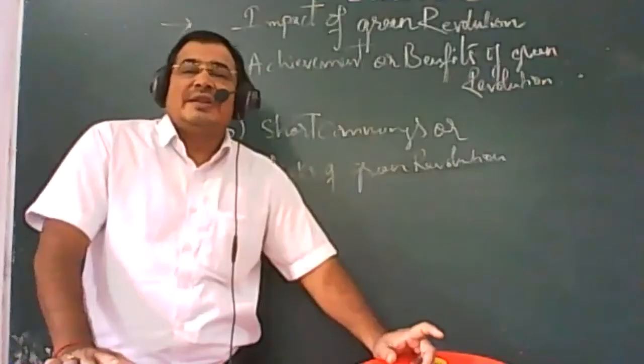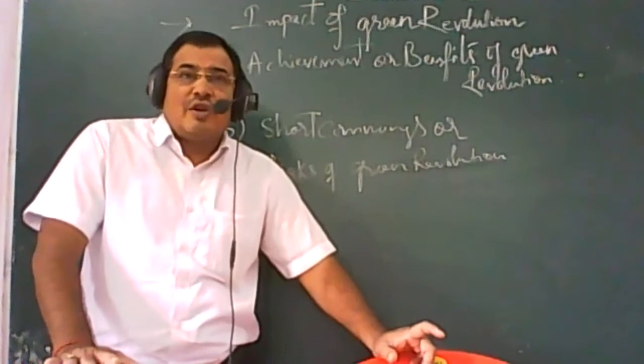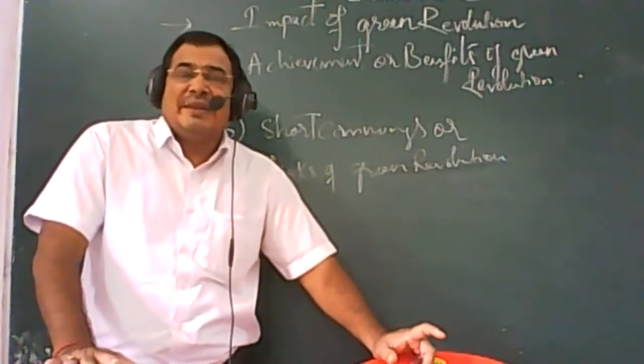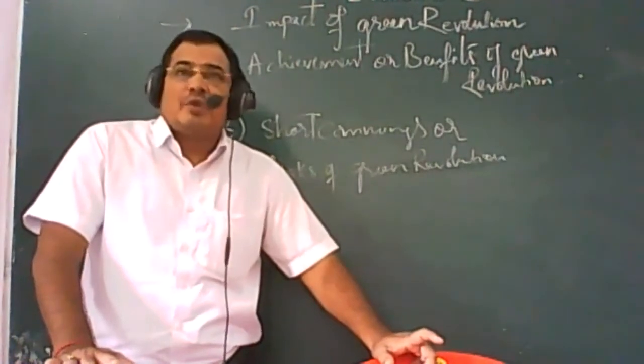which were used in the production of agricultural goods, led to degradation of soil fertility also. Earlier, in the traditional process, manure was a major source by which agricultural goods were produced.